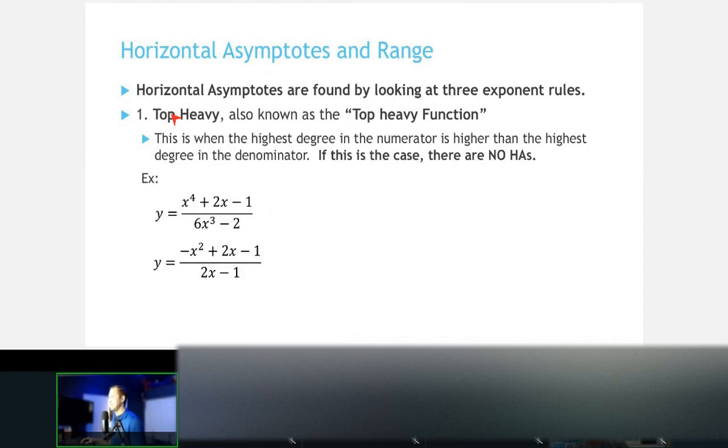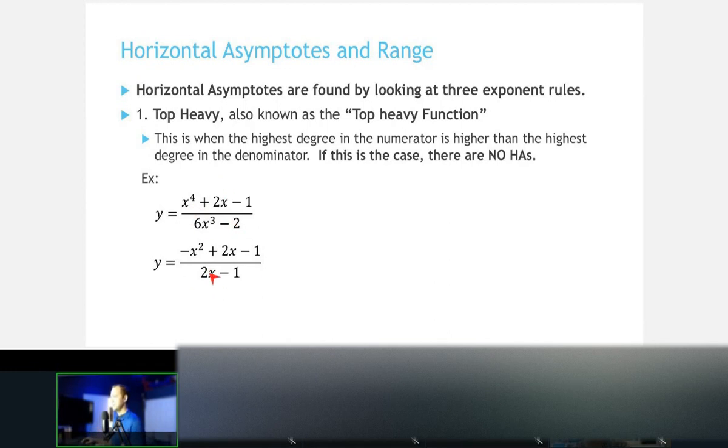For top heavy, you're going to look at your function and at the highest exponent on the variable. In this case, it's x to the 4th on top, and on the bottom, it's x to the 3rd. And we can all see that 4 is greater than 3. So this is considered a top-heavy rational function.